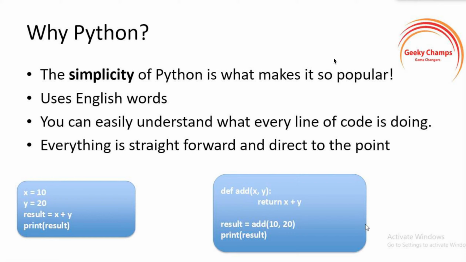What a function is you may not be aware of right now, but we can write functions which will be called and executed, and they are going to give us some result. Whatever commands we are writing are in very simple English words which are easily understood by any person. So when I want to write a program, it is very simple and faster to write.